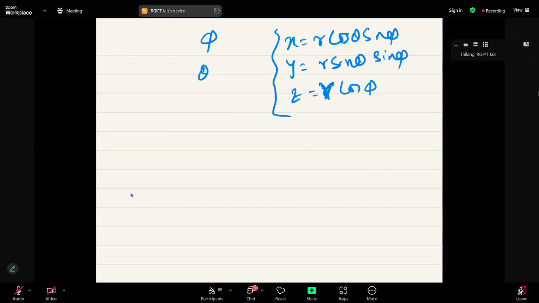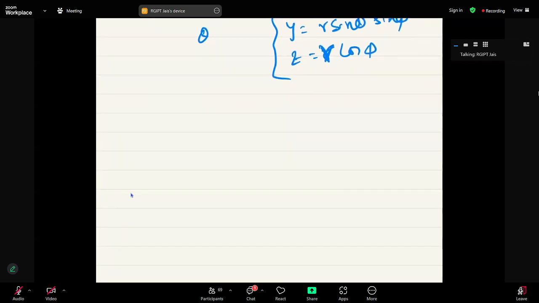So questions 1 and 2 are basically about finding these coordinates in different coordinate systems. In question 3, I just told you to describe the surface, how the surfaces look. Question 4 is the same. Question 3 was in the cylindrical coordinate system. Question 4 is now in spherical. I'll give you only one example. Question 4D, I told you to draw this one: r equal to sine theta sine phi.